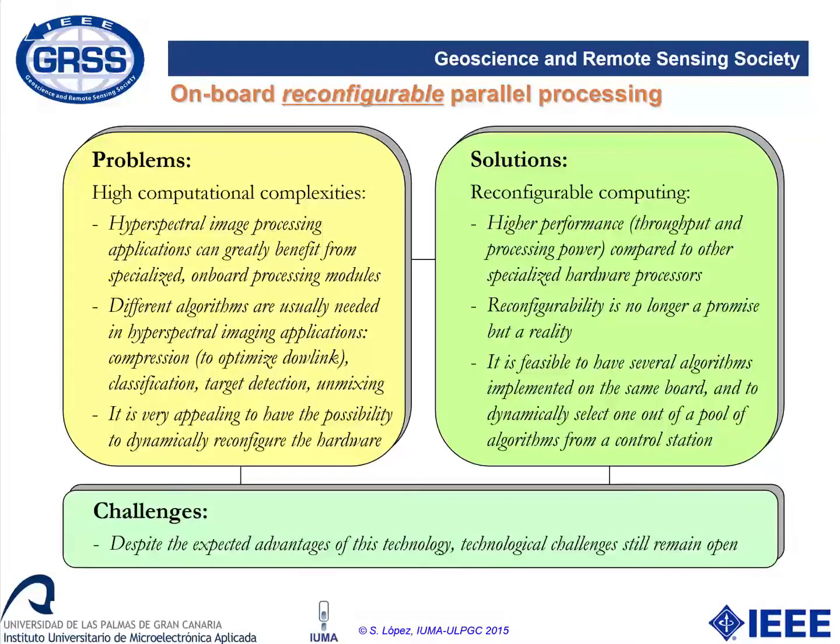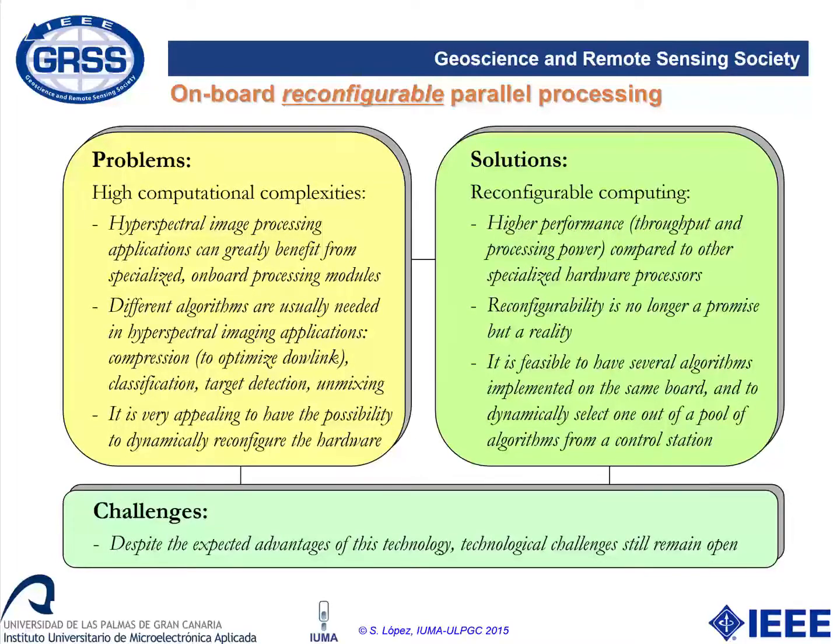One other thing that I would like to focus on in this tutorial is not only onboard parallel processing but also onboard reconfigurable parallel processing. As we have seen before, hyperspectral image processing applications can greatly benefit from having onboard processing modules.